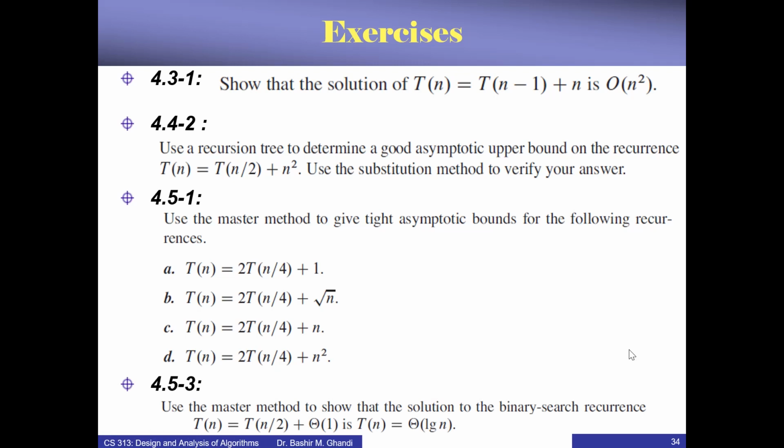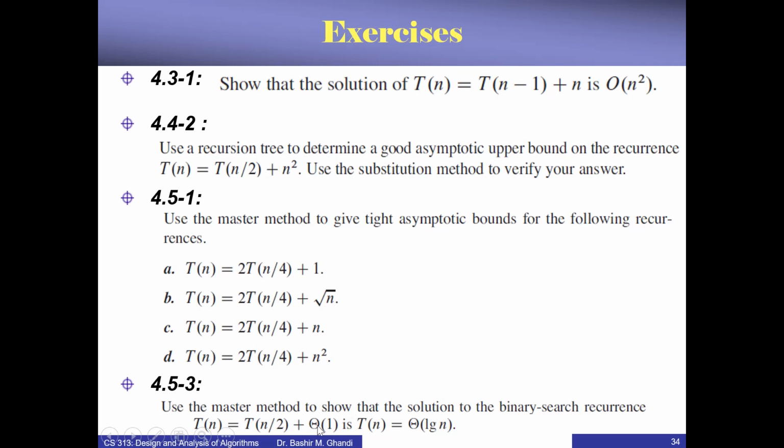Okay, the last exercise, it says use the master theorem method to show that the solution to the binary search recurrence is indeed log n, as we said. Okay, so this is the recurrence T(n) equal to T(n over 2) plus some constant, theta of 1. Show that it is theta of log n.